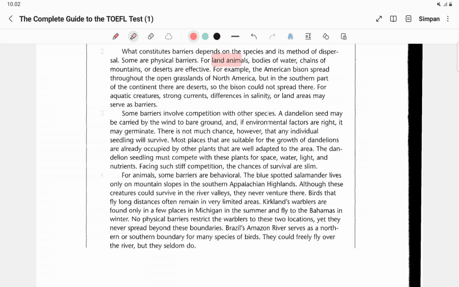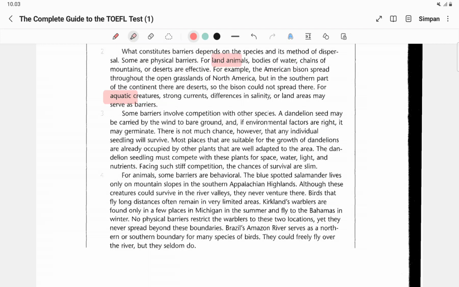For aquatic creatures, strong currents, differences in salinity, or land areas may serve as barriers. No example for aquatic creatures? Some barriers involve competition with other species. A dandelion seed may be carried by the wind to bare ground, and if environmental factors are right, it may germinate.